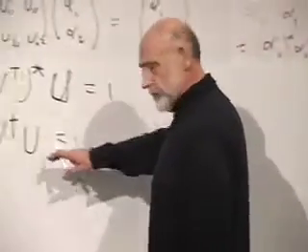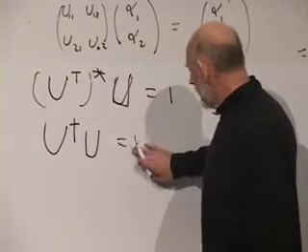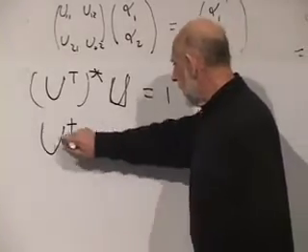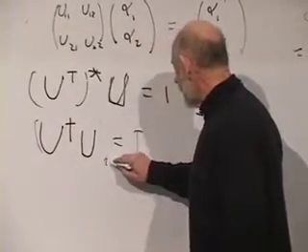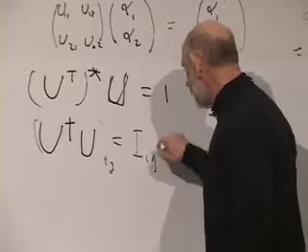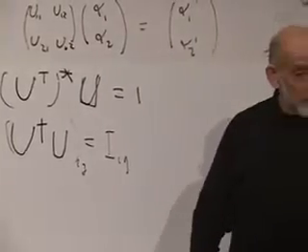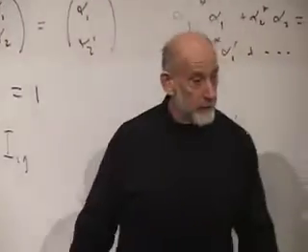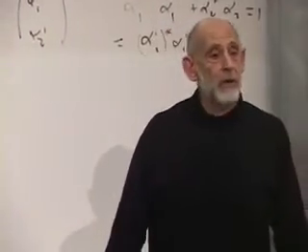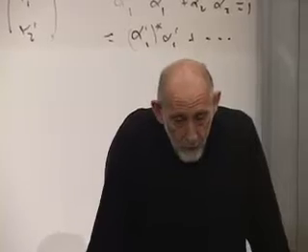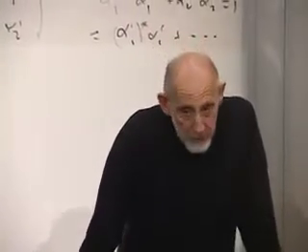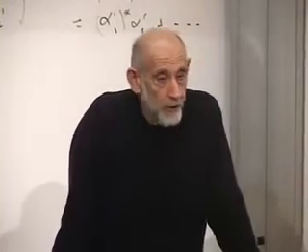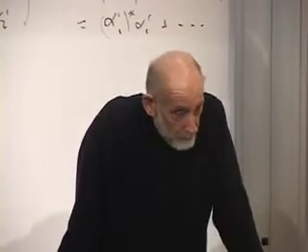Because this is a matrix equation, and there's a separate equation for each component. There are 4 components. This is 4 real equations here. And so there are 4 real equations among 8 unknowns. There are 4 independent parameters of a unitary 2x2 matrix.